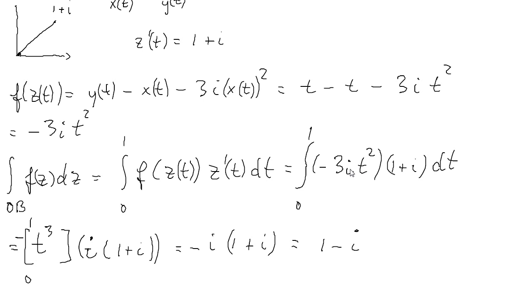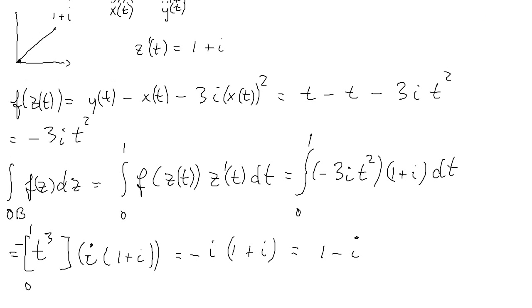The antiderivative of this guy is just t to the power of 3 with a minus here in front, and inserting these limits, yes, we also should have i from this and i plus 1 here from this constant, and inserting these limits we obtain that it's equal to 1 minus i, which is not the same as the integral over the first part.